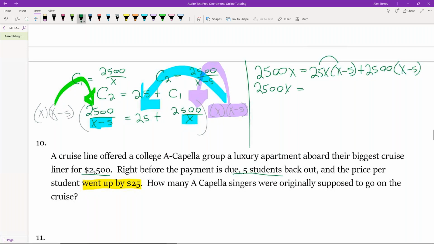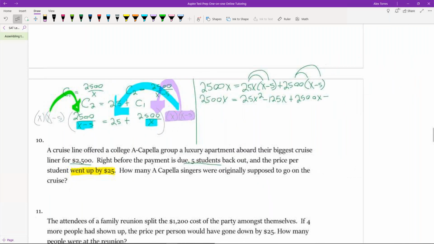So now we're just going to distribute and start solving. Distribute to here and here. That'll give you 25x squared minus 125x. Distribute here and here. That's 2,500x minus 12,500.